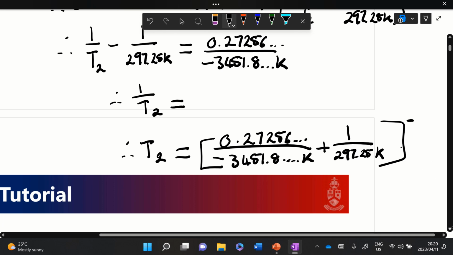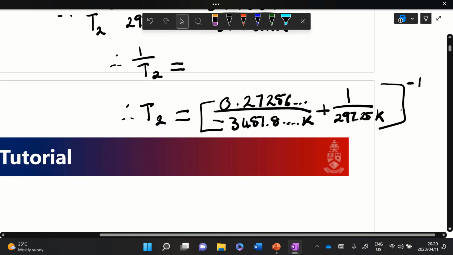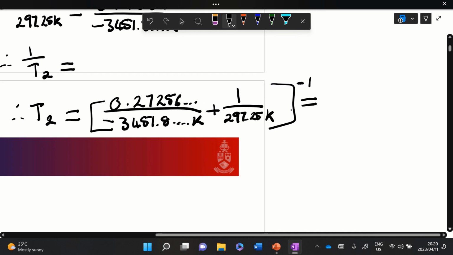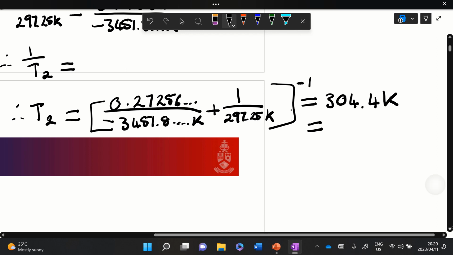That all to the power minus 1. Okay. And that then should equal 304.4 Kelvin. Right. So it goes to there, and then we go to 304 Kelvin.